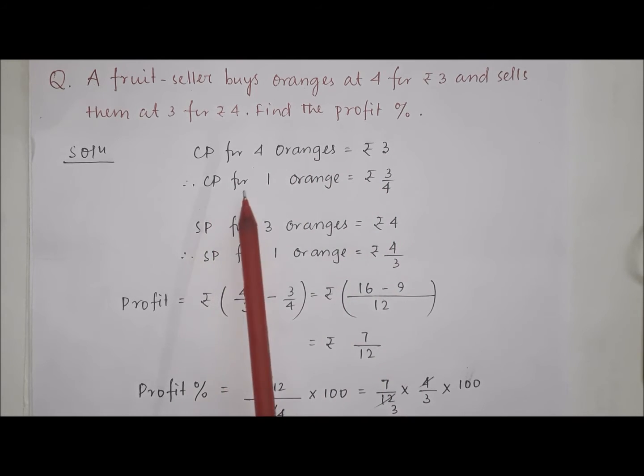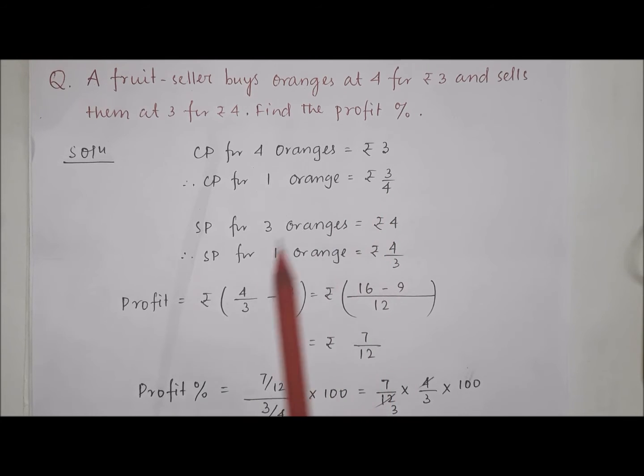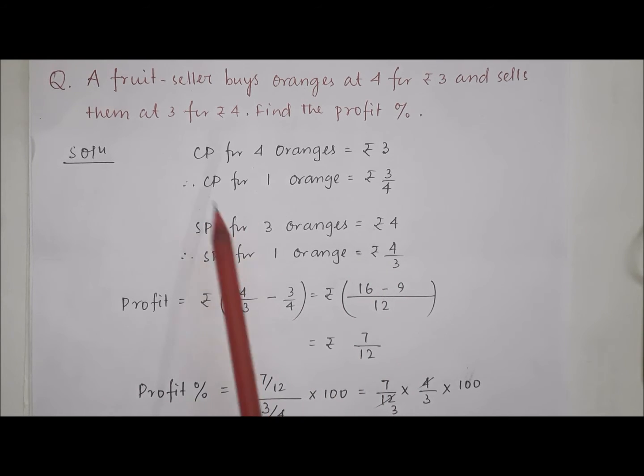Therefore the cost price of 1 orange equals rupees 3 by 4. The selling price for 3 oranges equals rupees 4. Therefore the selling price of 1 orange equals 4 by 3. Therefore profit equals selling price minus cost price, so 4 by 3 minus 3 by 4. If you simplify, you will get the profit as 7 by 12.